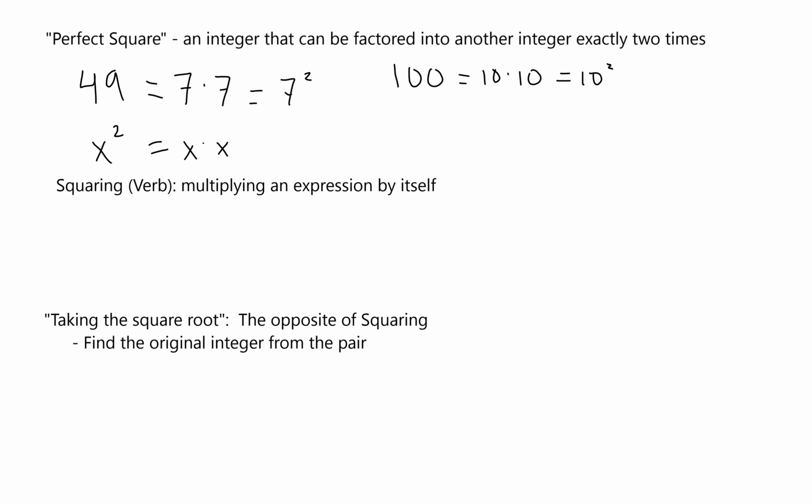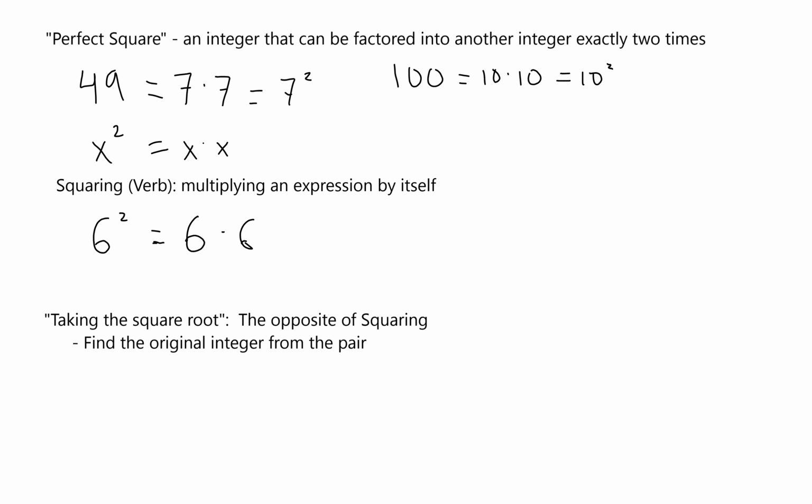Okay, so next, what does squaring mean? It means multiplying an expression by itself. So let's say we have 6, and I wanted to square that. I mean, you could just say it's 36, but what squaring really means is we are multiplying that 6 by itself again.